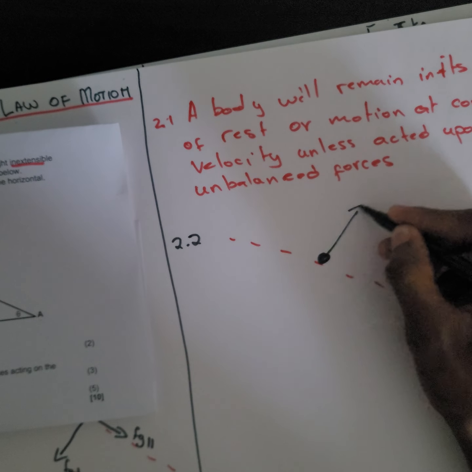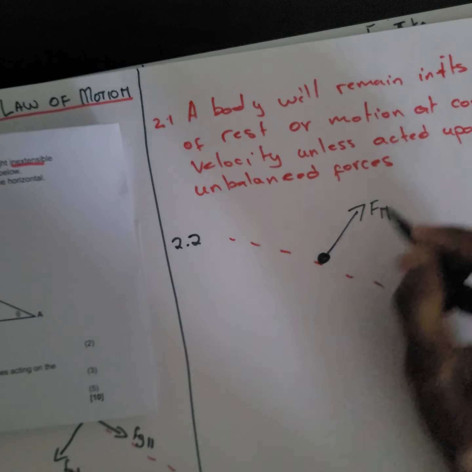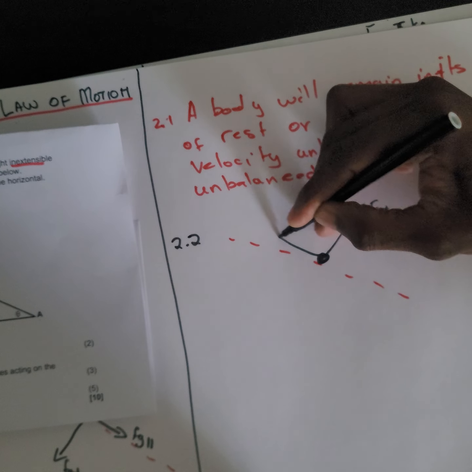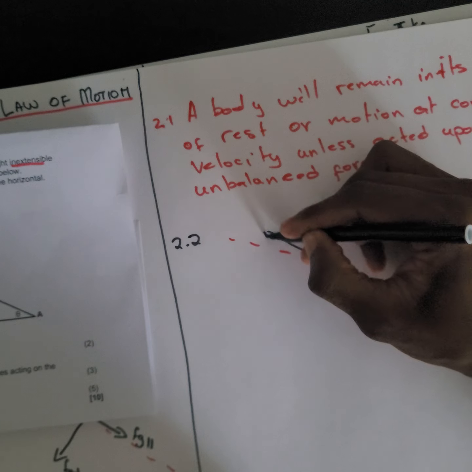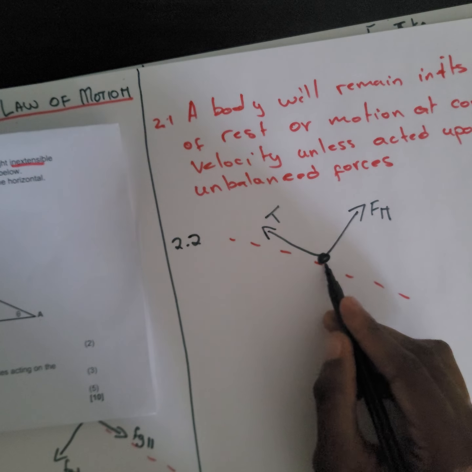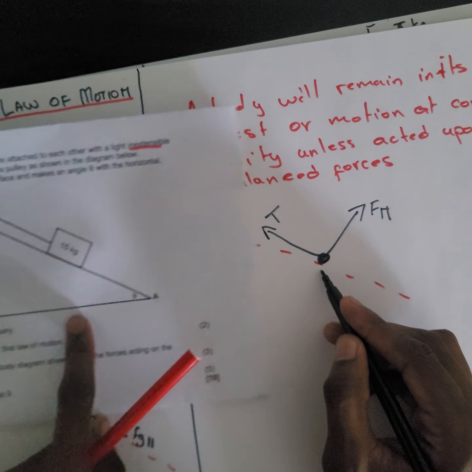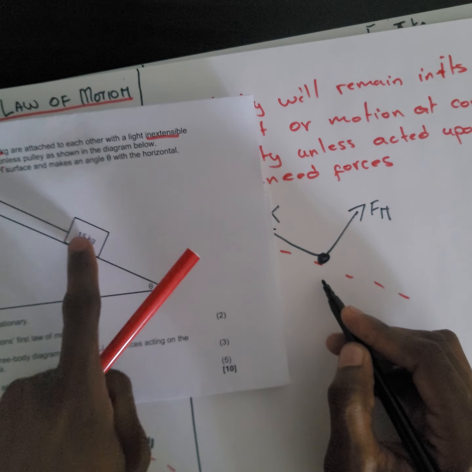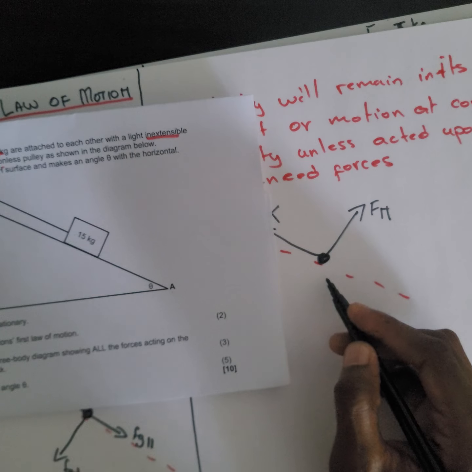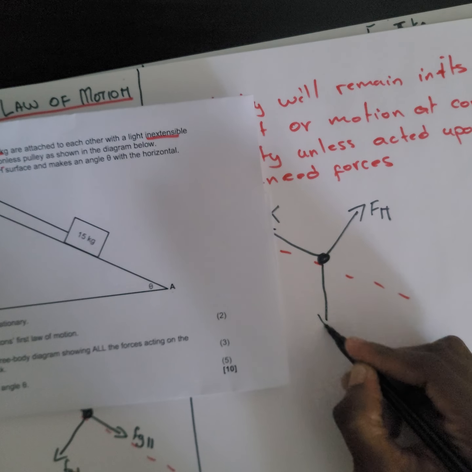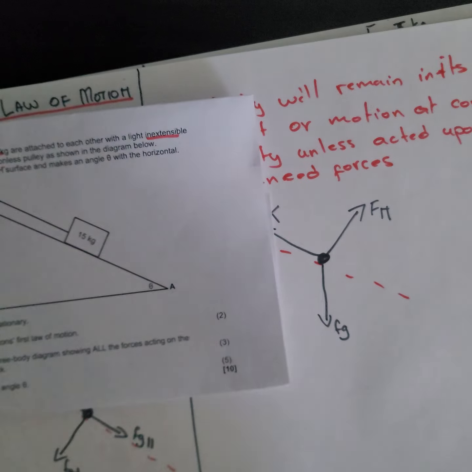Remember, I will still have my normal force there. This is the surface. And here on this side, it's going to be the tension, and because this object has a force pulling it downwards, which is Fg, Fg will be like that, ladies and gentlemen.